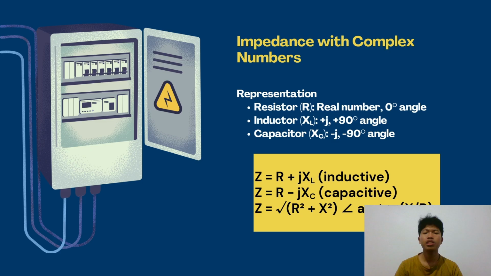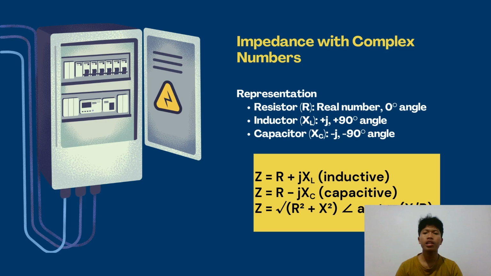And the next is impedance with complex number. Now we know the complex number is represented in circuit components. Each component has a specific representation. First is a resistor: R is the real number with a 0 degrees angle.